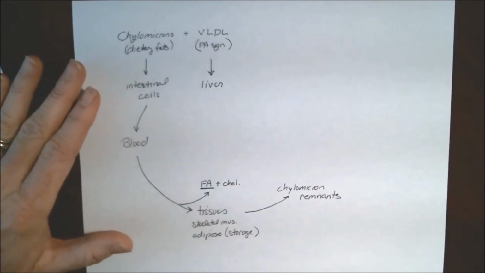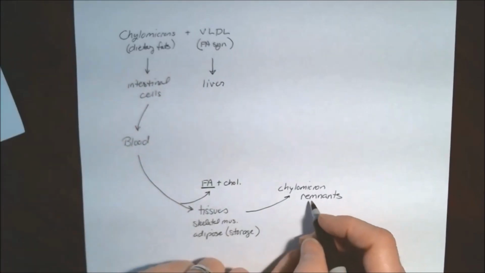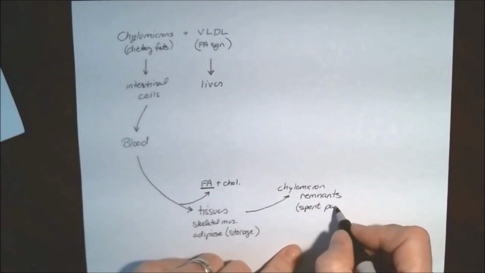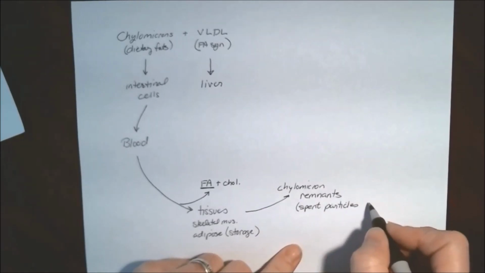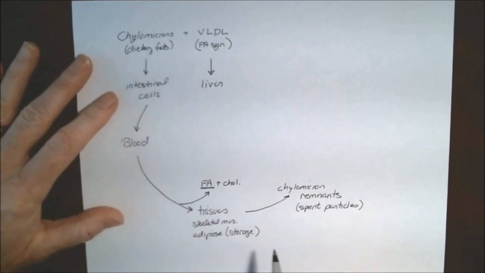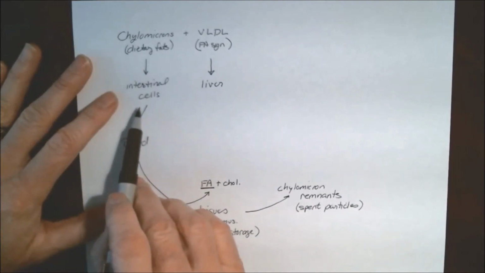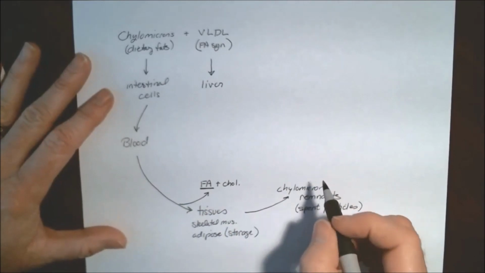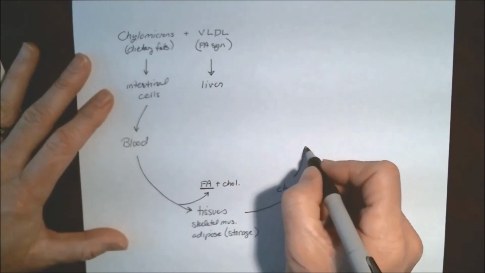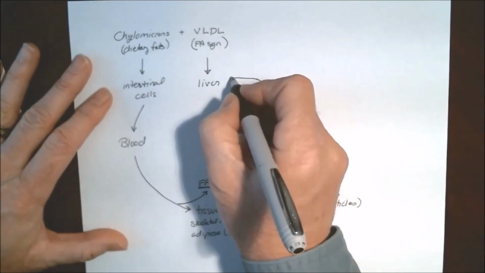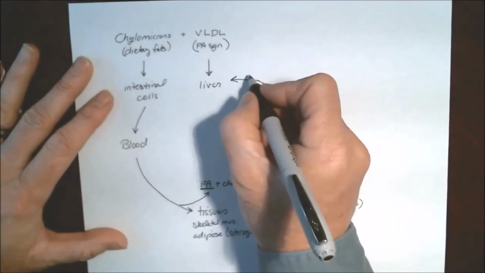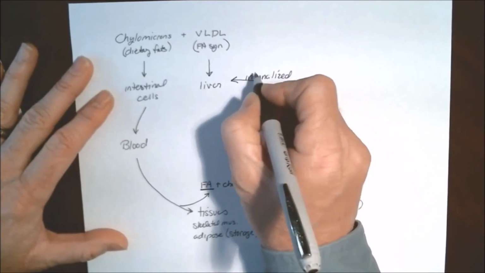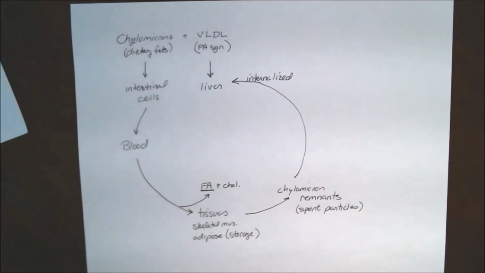These chylomicron remnants are considered spent particles, which means that they have done their job of delivering dietary fats from intestinal absorption to the tissues for a period of time, and then these chylomicron remnants will be picked up and internalized by the hepatocytes, the liver cells.